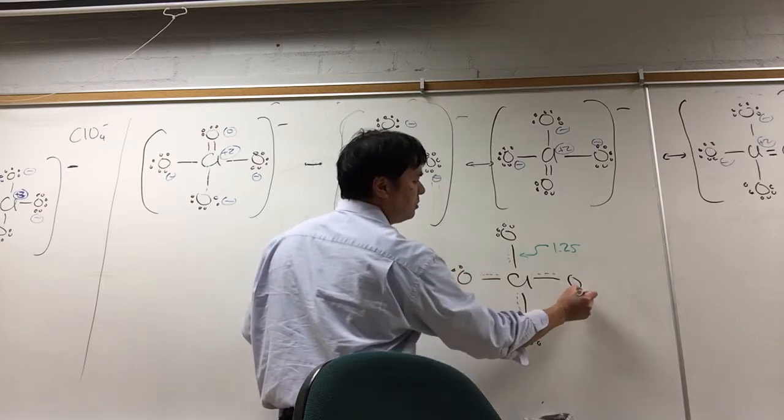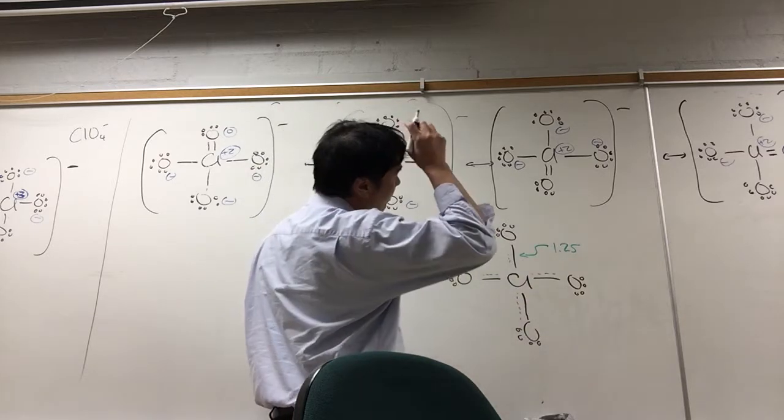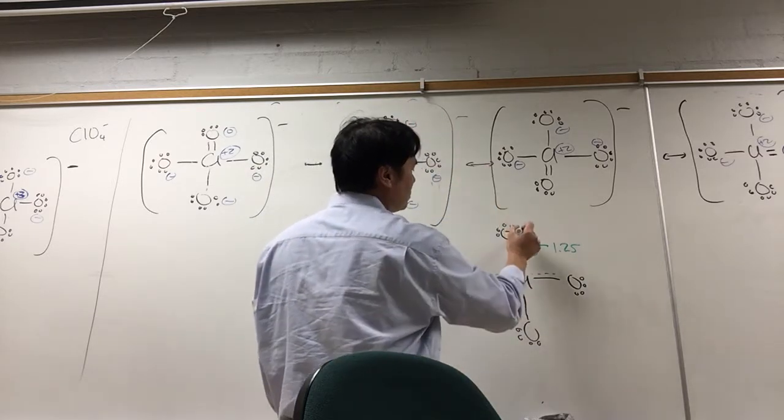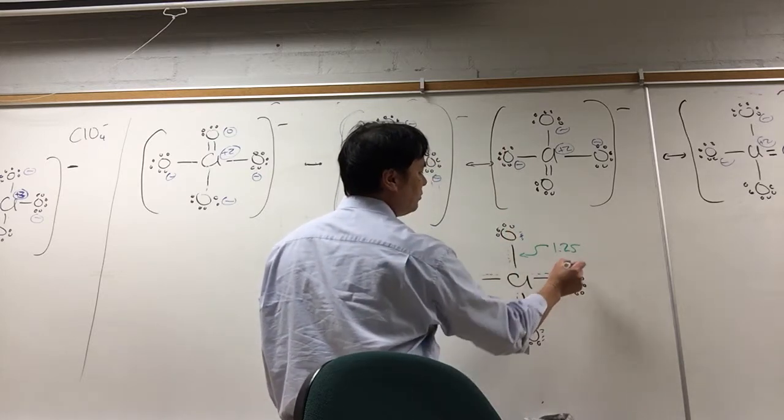So let's draw 2 lone pairs that are fixed. This 3rd lone pair, actually two lone pairs are going to be floating, delocalized over the 4.